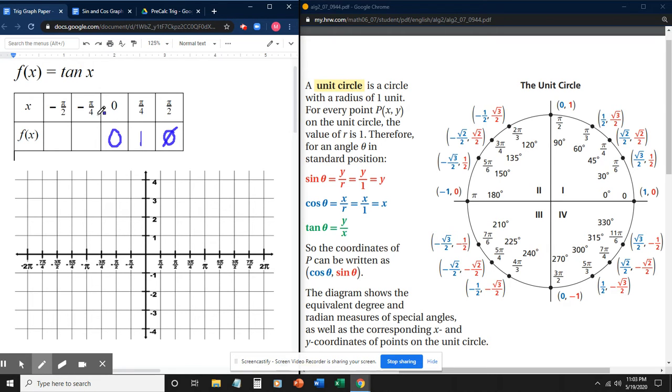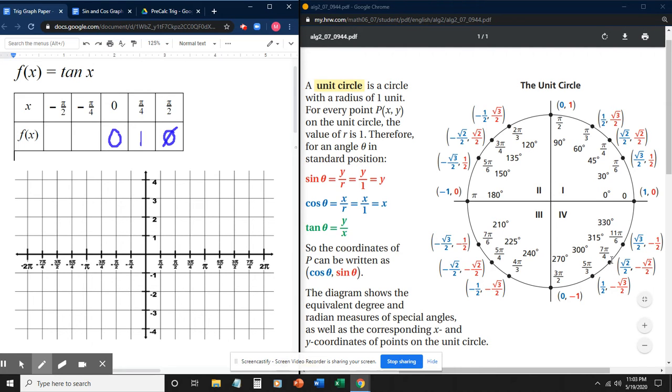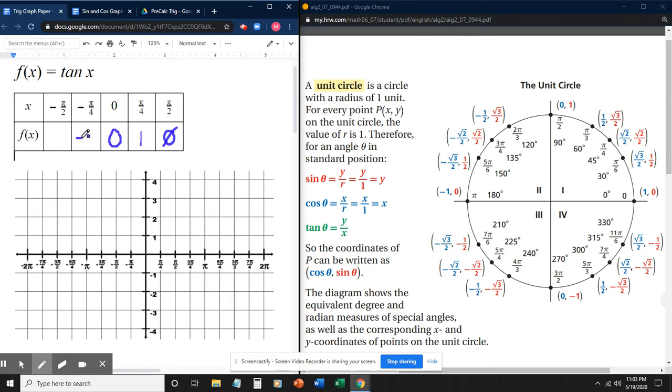We're going to go to negative pi over 4, and negative pi over 4 is negative 45 degrees, which is right down here. 7 pi over 4 and negative pi over 4 are the same spot. The tangent, if I have it on this location, this divided by this is going to be negative 1. And for some reason that 1 looks a little weird, and I didn't actually make it better, so that's sad.